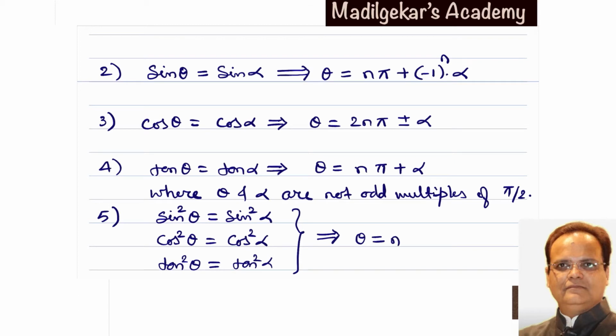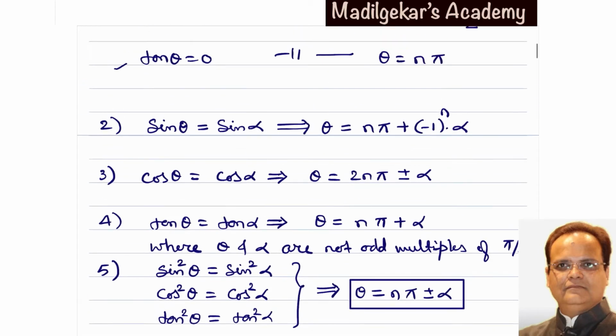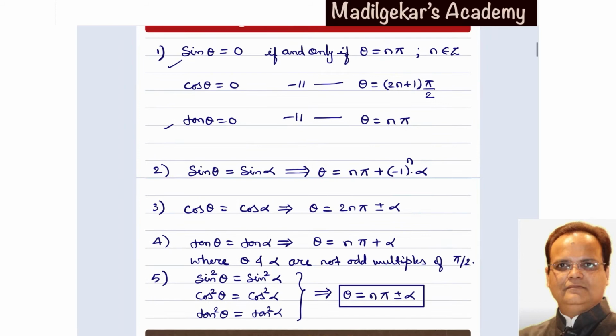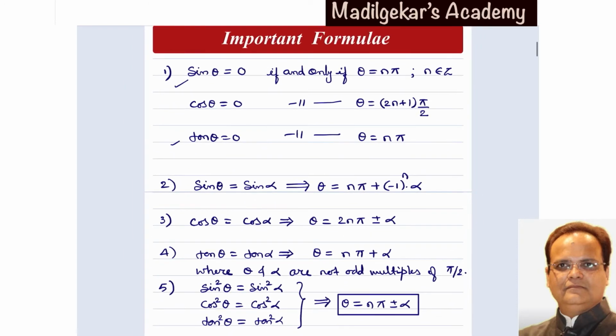Theta is n pi plus or minus alpha. So these are some important results of trigonometric functions, and these are very helpful in solving examples of exercise 3.1.